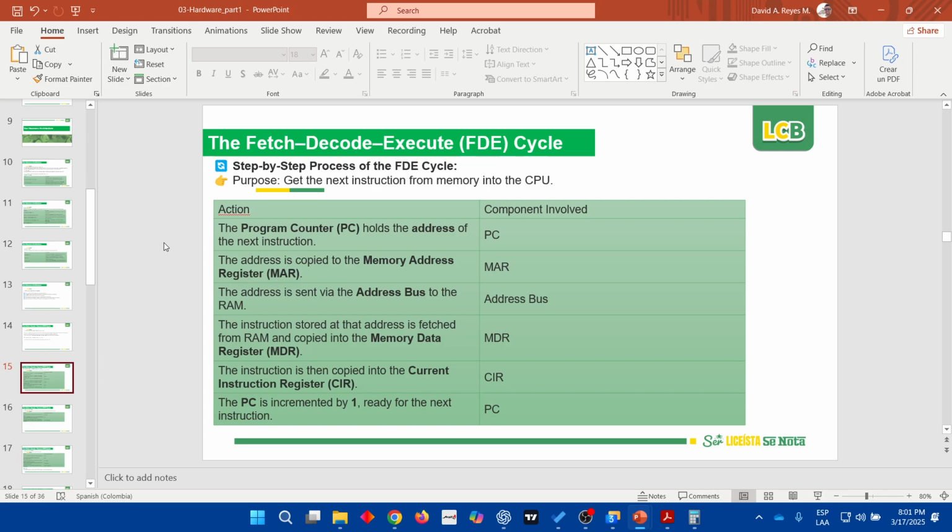That is executed by the current instruction register, the CIR. Then the PC is incremented by 1, ready for the next instruction.